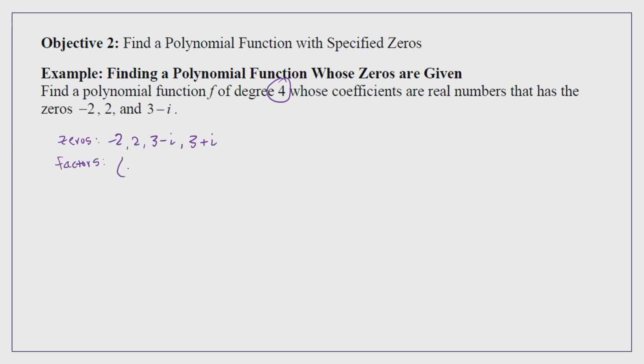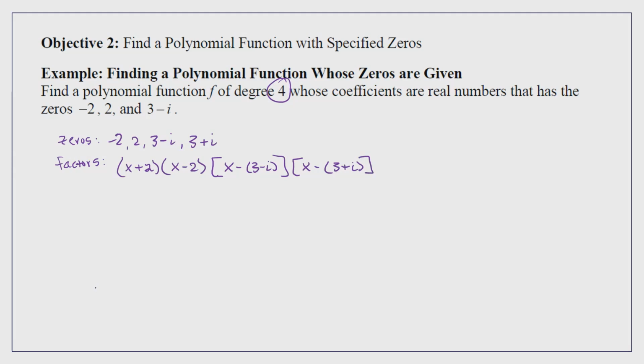Okay? So now that we have our zeros, we can identify our factors associated with those zeros. For negative 2, we would have x plus 2. For 2, we would have x minus 2. For 3 minus i, we would have x minus (3 minus i). And for 3 plus i, we would have x minus (3 plus i). Okay.